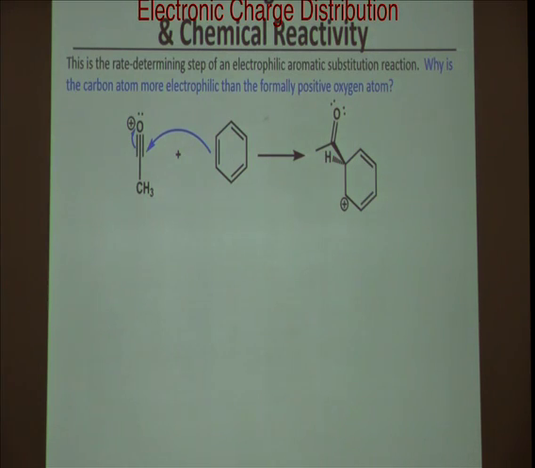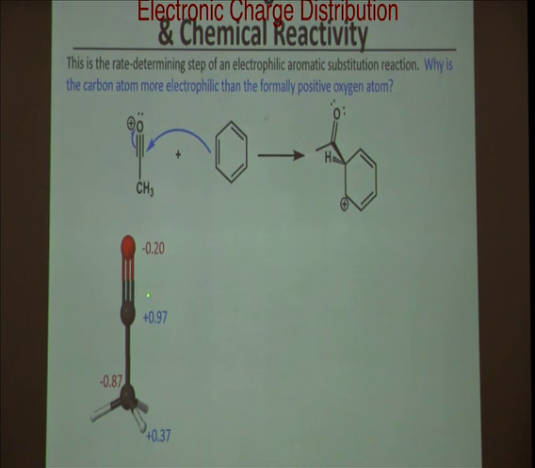A very quick and easy calculation on this acylium cation produces a geometry that looks like this. The carbon atom at the center has a plus 0.97 charge to it. The carbon bears the positive charge here. The oxygen atom has about a minus 0.2 charge, which is the opposite of the charge that's listed up there with the formal charge.